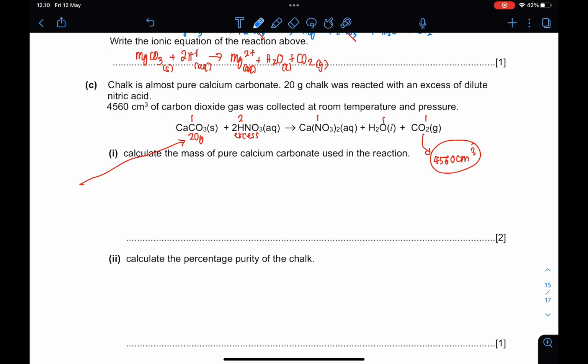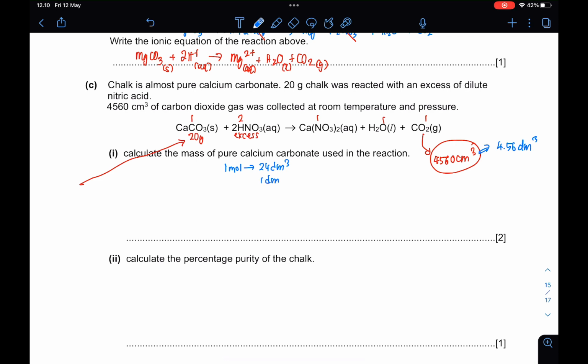First of all, we know that 20 gram is not 100% pure, so here we will use this value. We need to find the number of moles. How to find number of moles? Because it is related to gas, we know 1 mole of any gas occupies 24 dm cube.